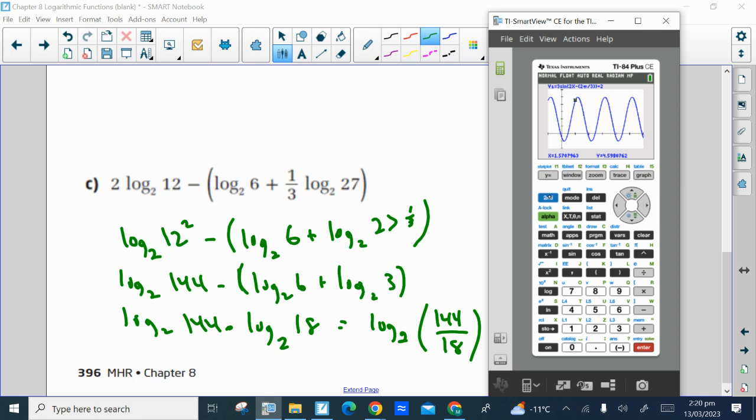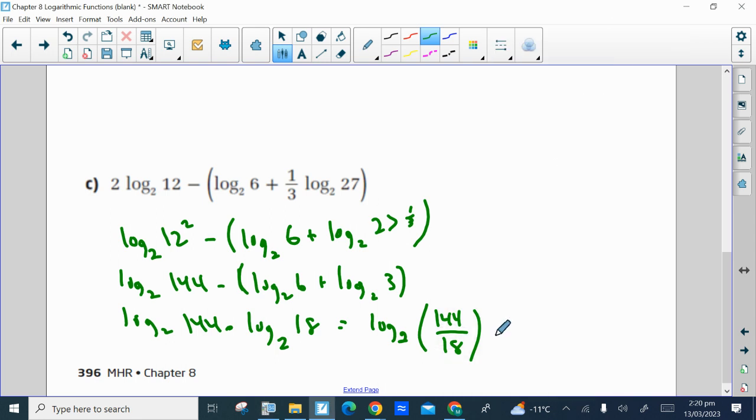And 144 divided by 18, is that 16? No, it's 8. So that's log base 2 of 8. Which is what, Lohita?